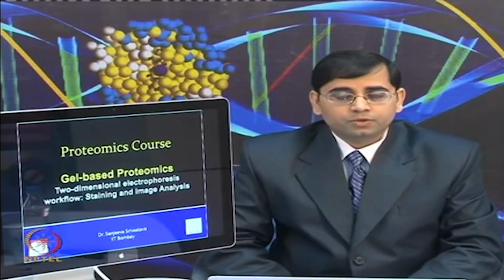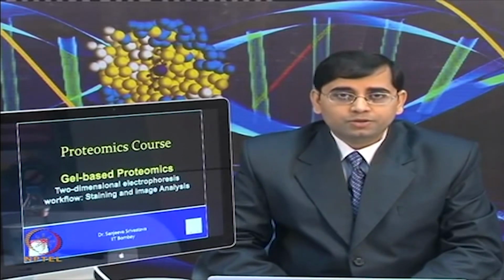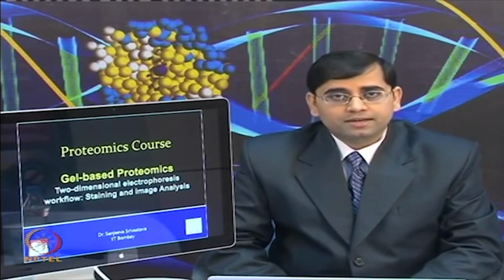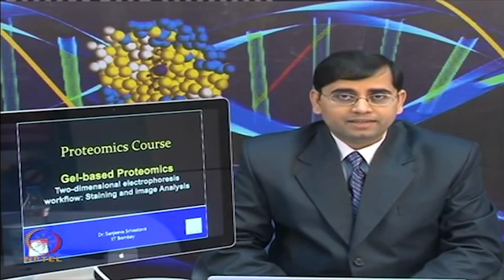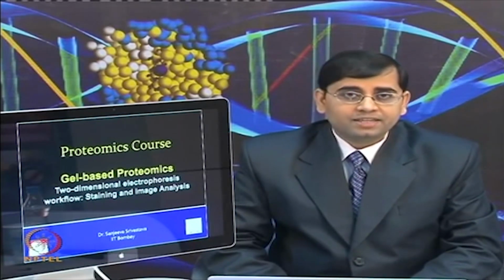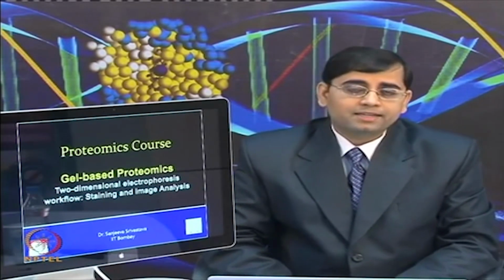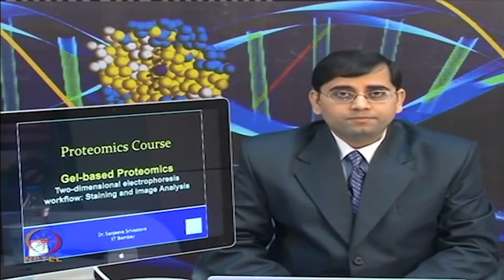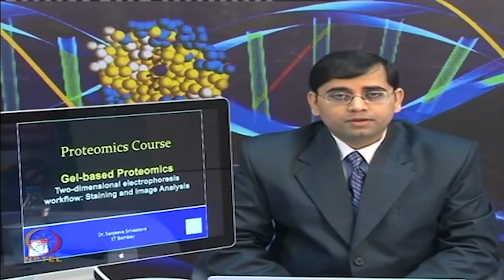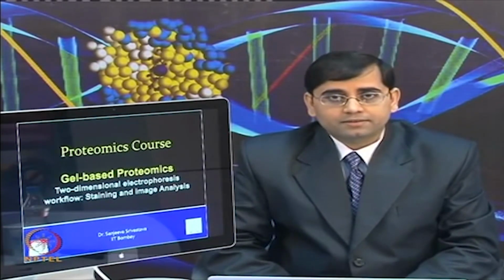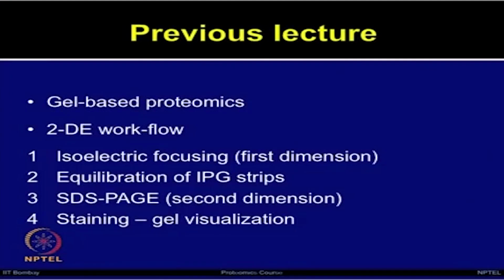Fourth, you would like to visualize your protein spots on the gel. So, staining methods. In the last lecture, we discussed two staining methods. One was Coomassie brilliant blue, other silver staining. So, now in the same workflow, today I will continue on different types of staining methods.